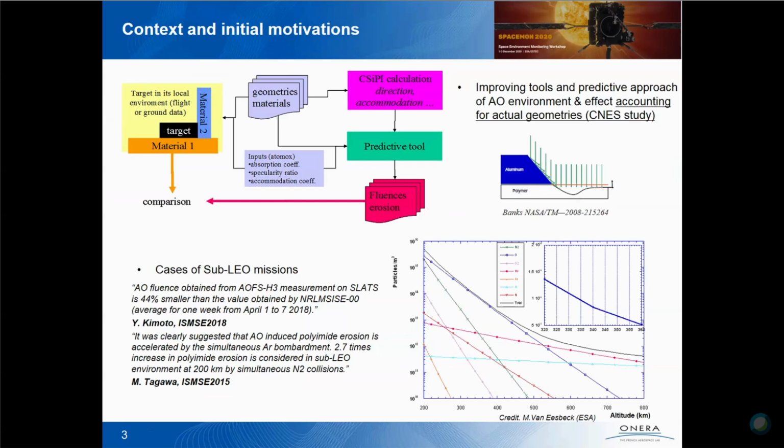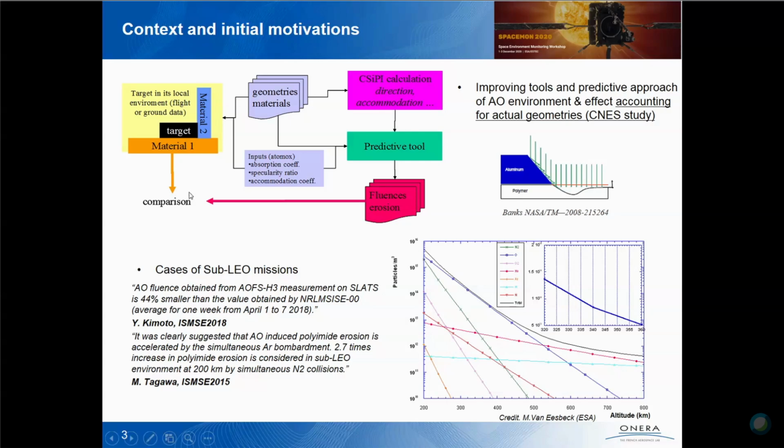And as you can see, there was one critical point to address. It was to monitor a secondary atomic oxygen flux behind geometry or in a realistic geometrical context. Because in fact, a large part of the incoming flux is re-emitted, or reflected, and is at the origin of multiple reflections that can locally enhance the erosion rate of material.